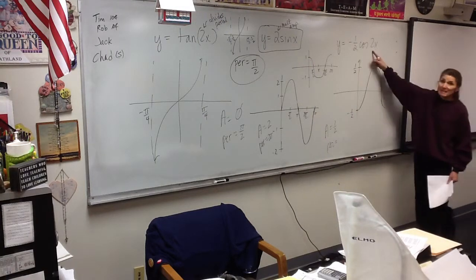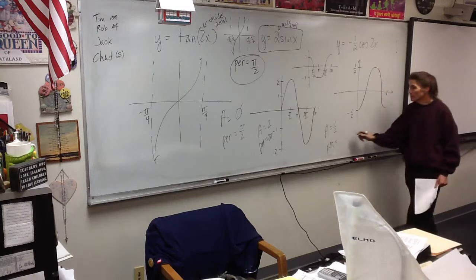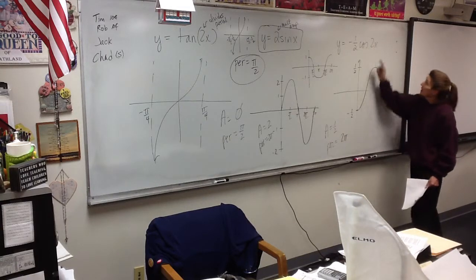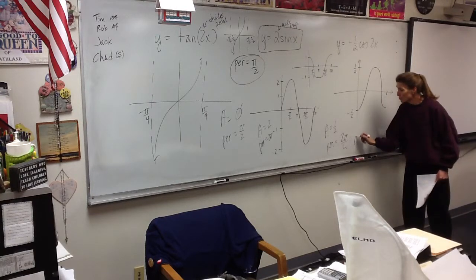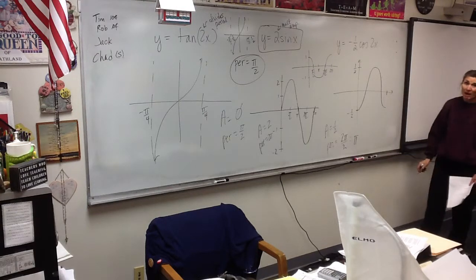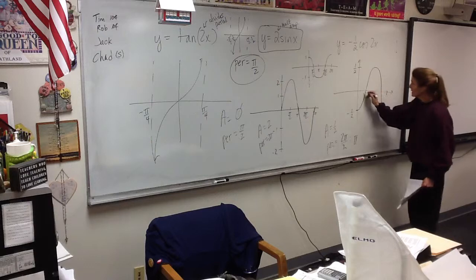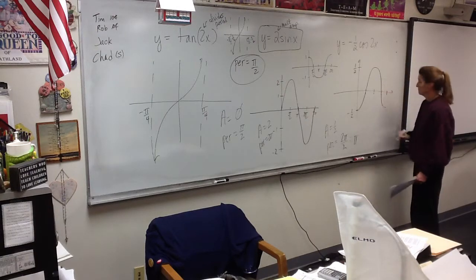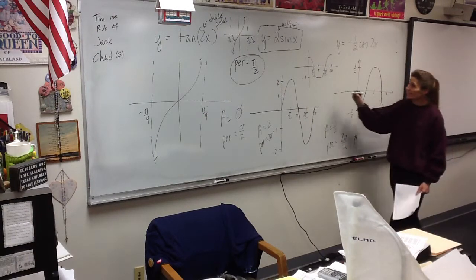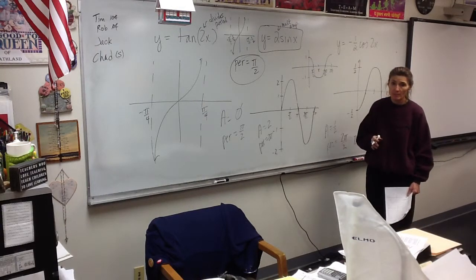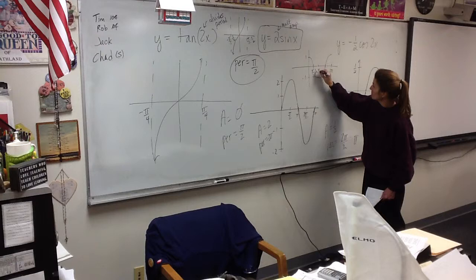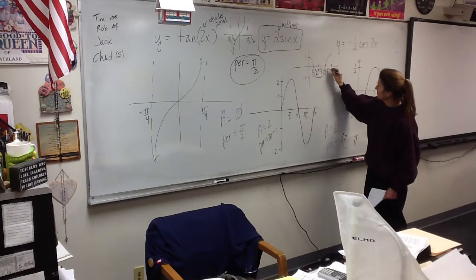Now this one I did put something in. The period's supposed to be 2 pi, but it's been divided by 2. That means my new period is pi. Everything's going to get cut in half. So the regular labels are going to get halved. In other words, I'm going to multiply them by a half.